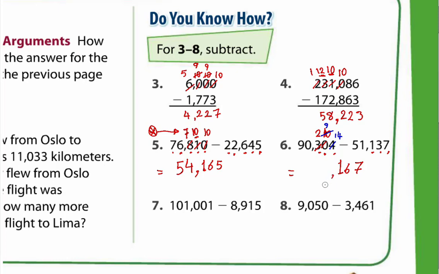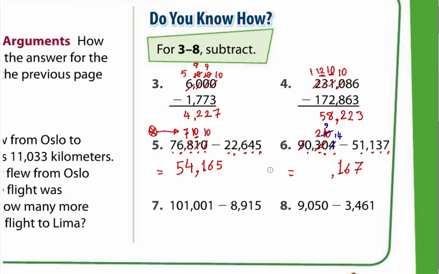Now let's move to the thousands. 0 minus 1. Are you sure? If you have 0, can you take 1 from it? No, can't be. So borrow 1 from the 9.